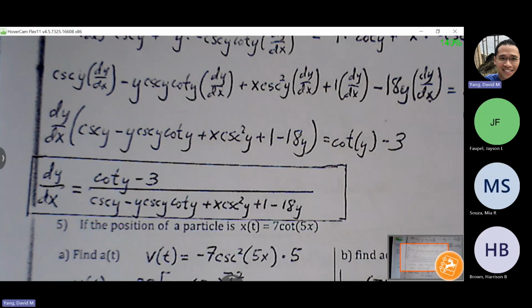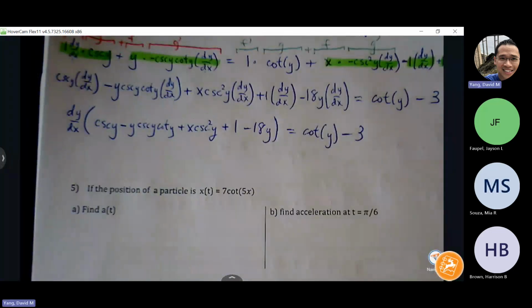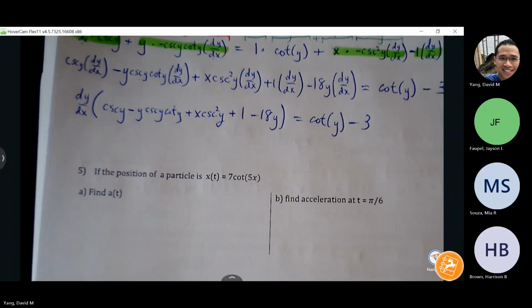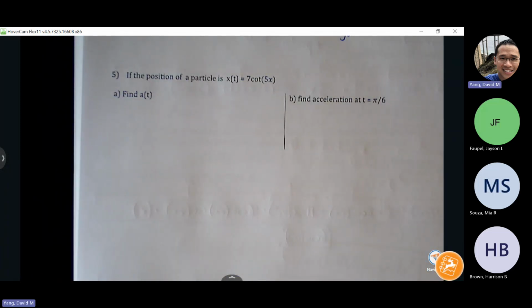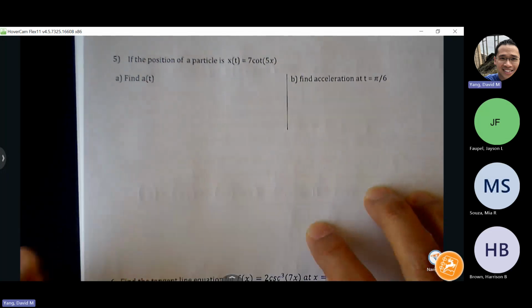Okay, questions with 4. Okay, number 5. Sorry for the couple of mistakes, but I sent out the corrections on Teams, but let me go through it step by step here.